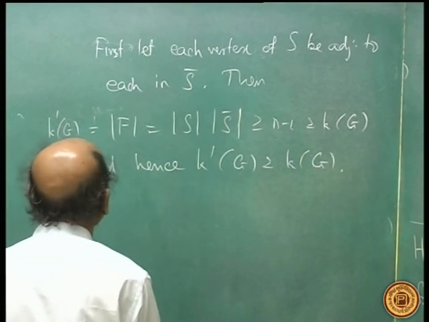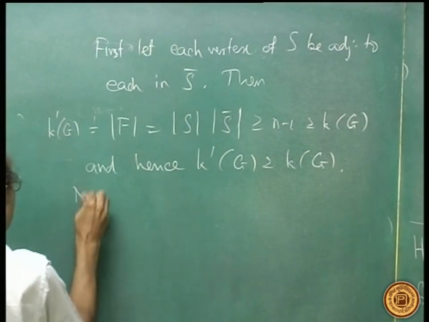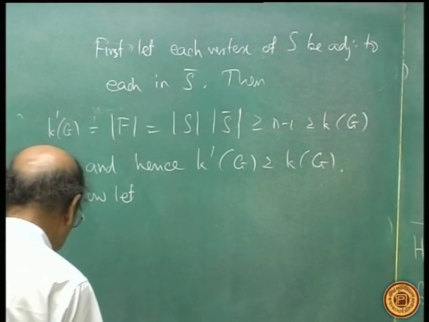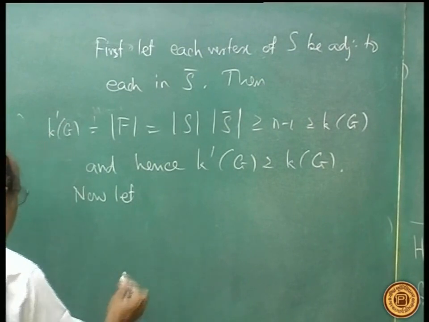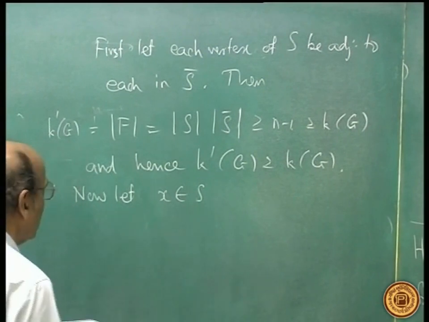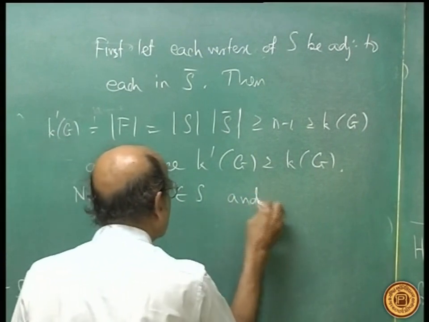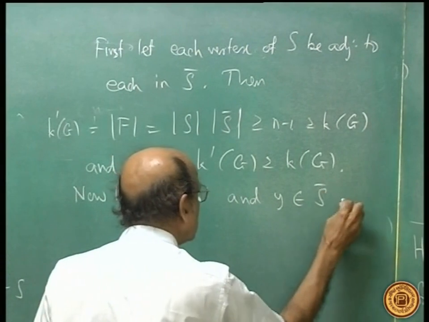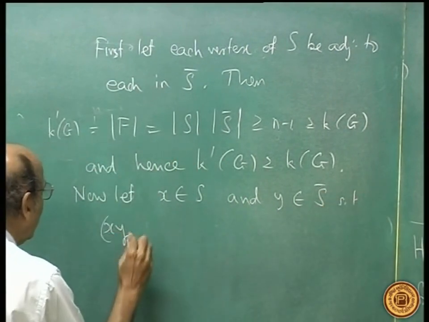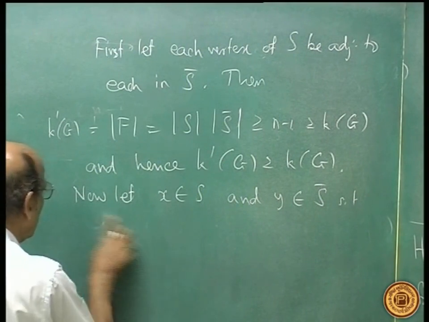So the only case I am left with is, now let some x and y be such that xy are not adjacent, x is not adjacent to y.